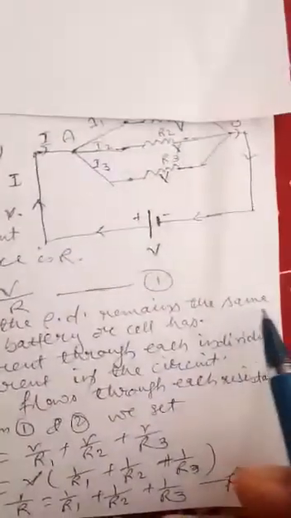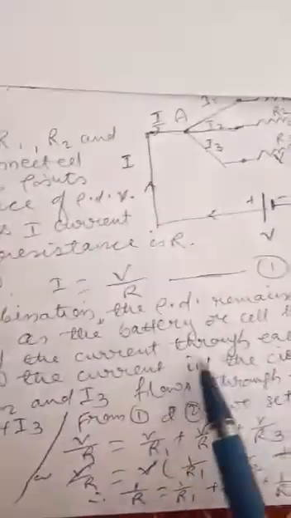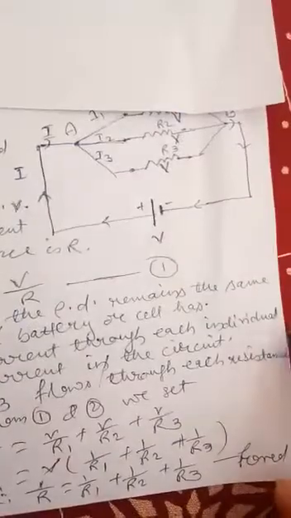Again I would like to say, since in parallel combination the potential difference remains the same across each resistance as the battery or cell has, the sum of the current through each individual resistance is equal to the current in the circuit.